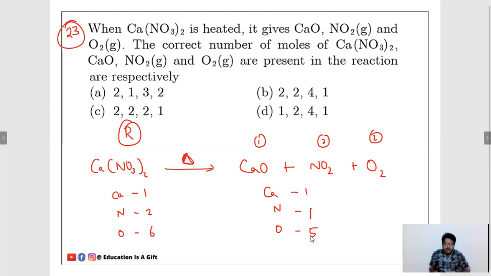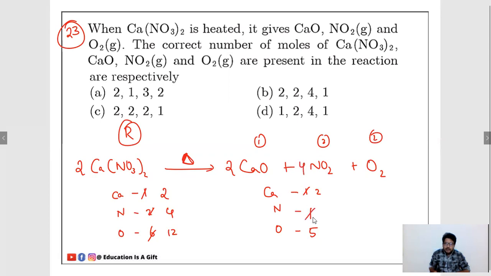First, let us mention 2 in front of CaO. If you mention 2 here, calcium becomes 2, and on the reactant side we have to keep calcium 2 as well. Nitrogens will be 2 into 2, that is 4, and oxygens 6 into 2, that is 12. So nitrogen is 4, so we can place 4 here.